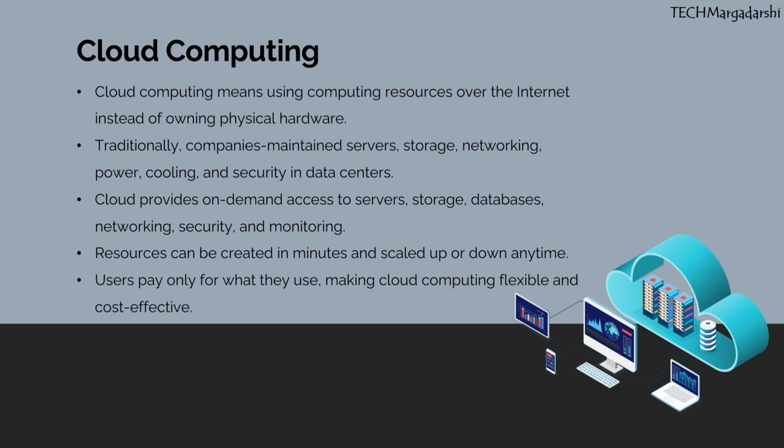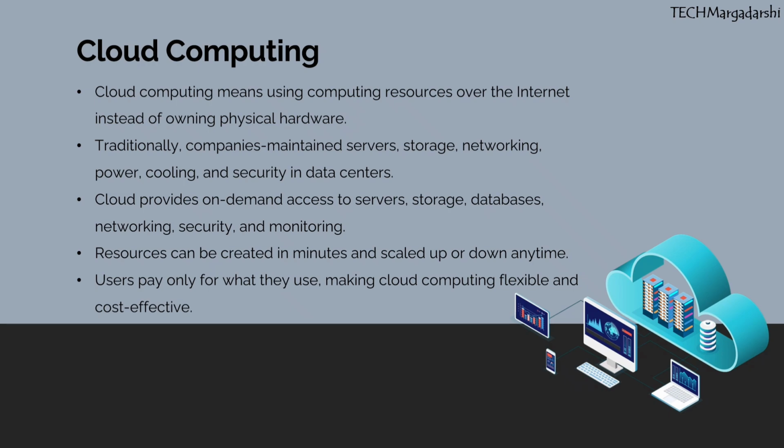What is cloud computing? First, let us understand cloud computing because AWS is a cloud platform. Traditionally, companies used to buy physical servers, storage devices, networking equipment. They had to install them in a data center, maintain power, cooling, security, and staff. Cloud computing changed everything.